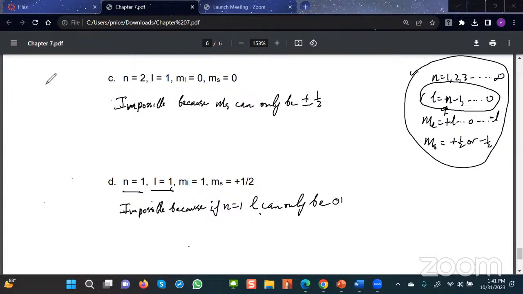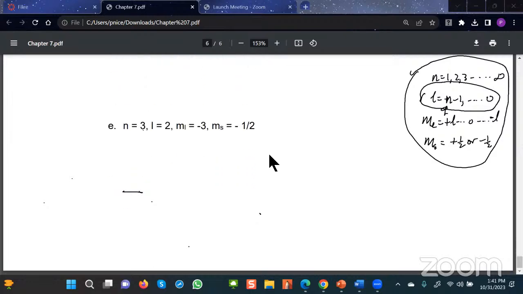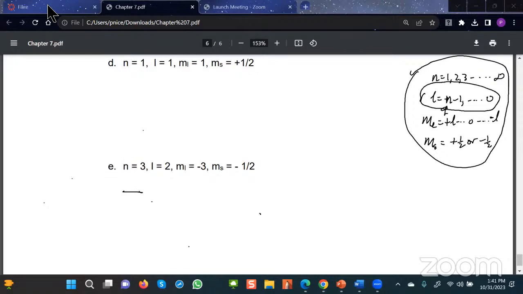All right? Okay, let me erase this here. I think there might be one more further down. Okay, that's the last one. So it says here N equals 3, L is equal to 2, ML is equal to -3, and MS is equal to -half.